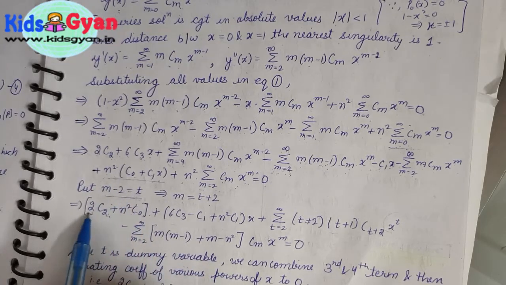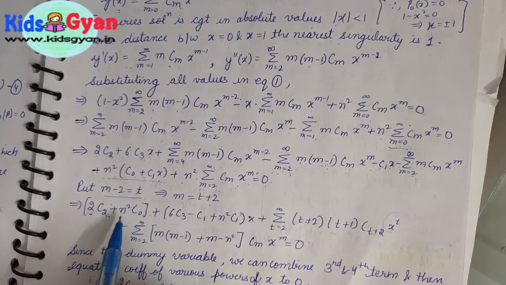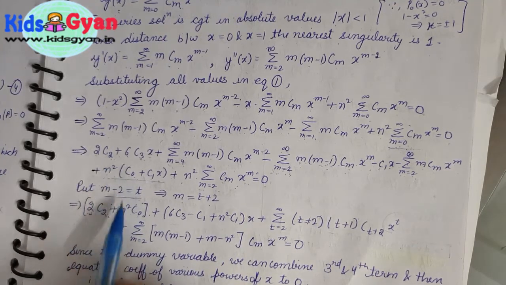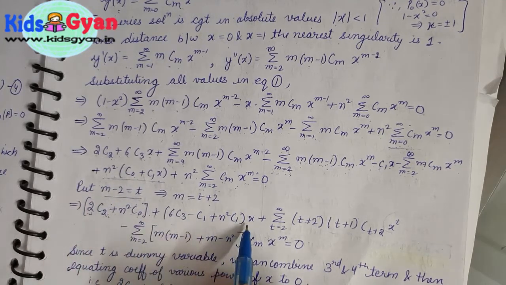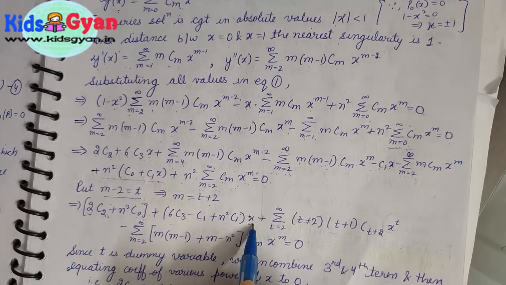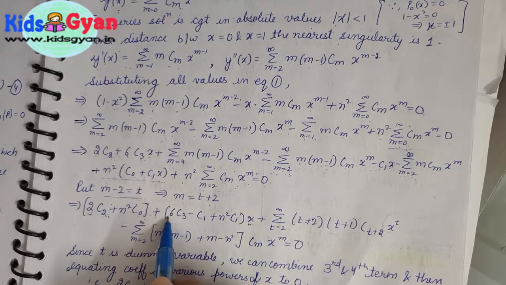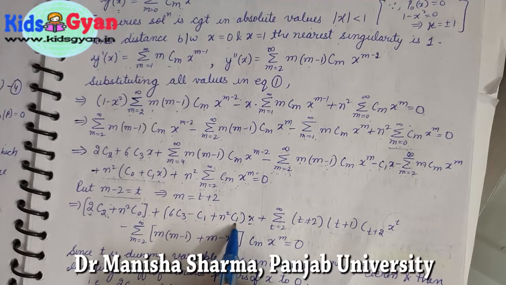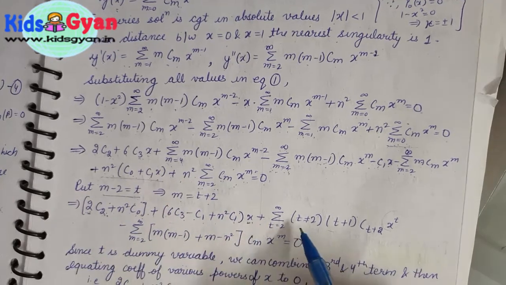Now we can take common of these terms. So 2c2 plus n² c0, these are constant terms. In terms of x, 6c3 minus c1 plus n² c1 x.